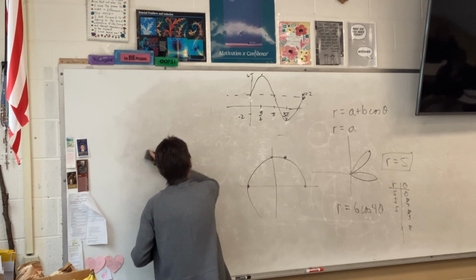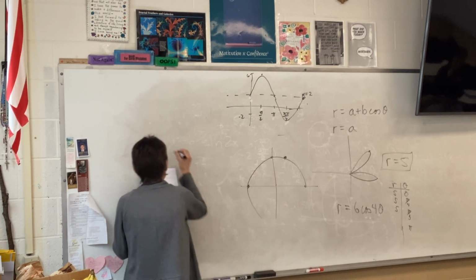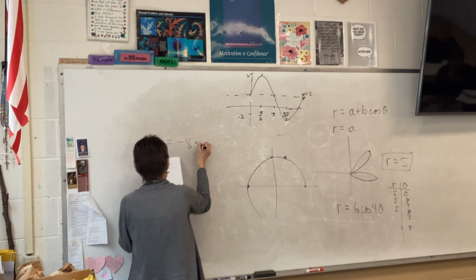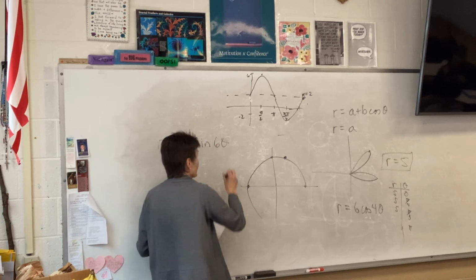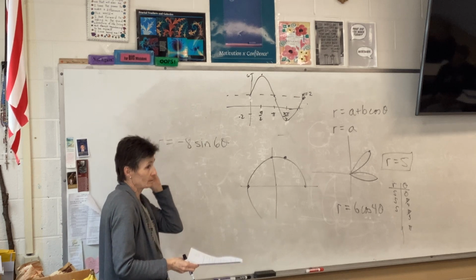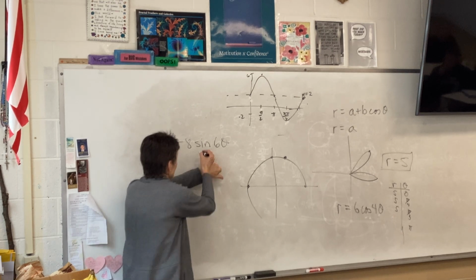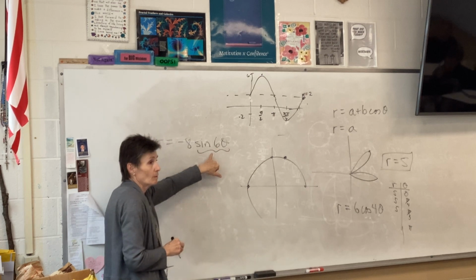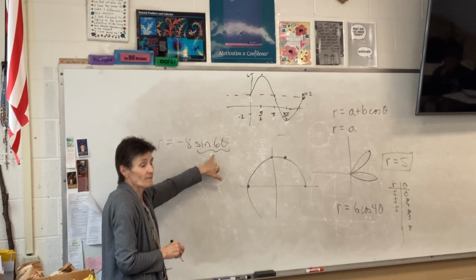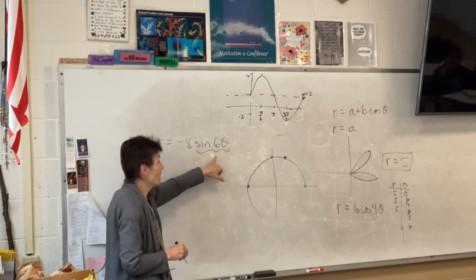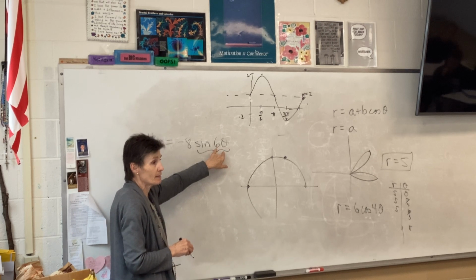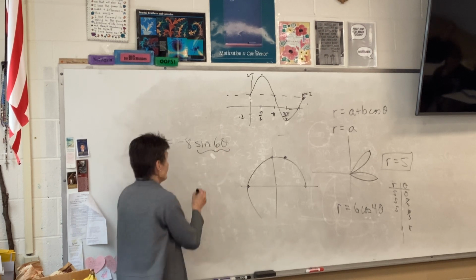Now remember, doesn't that have to be 1? So if that has to be 1, then 6 theta has to be pi over 2.